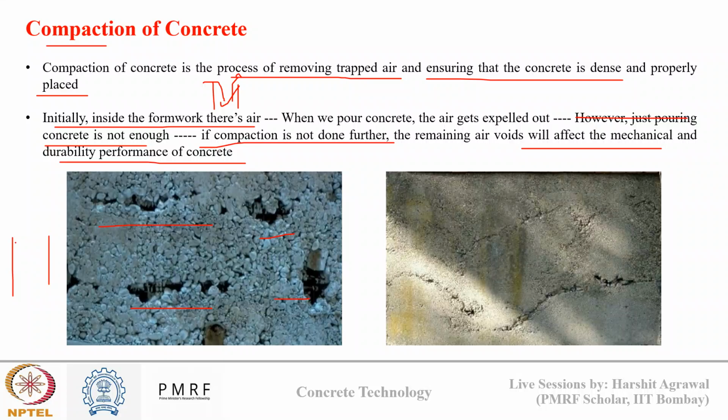Inside the formwork there are reinforcements. So if compaction is not provided, my concrete may not be able to reach all the confined spaces. When I remove the formwork, I will see voids on the surface, and these are honeycomb voids.